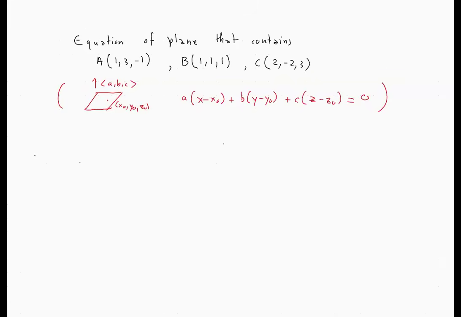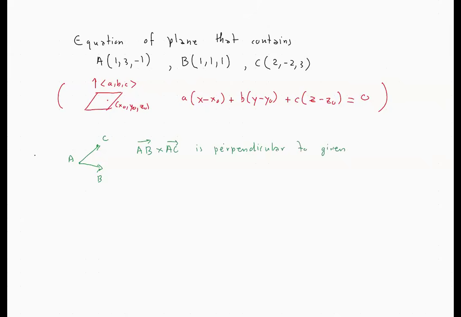So let's say you have A, B, and C. Then by taking the vectors AB and AC, you can take any two vectors as long as one is not a scalar multiple of the other, then AB cross AC is perpendicular, meaning normal, to the given plane. When I say given plane, I mean the one that contains the points A, B, C.